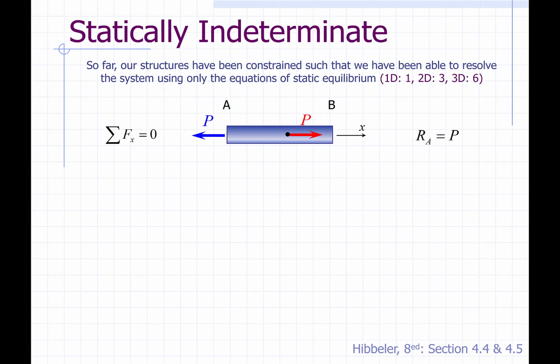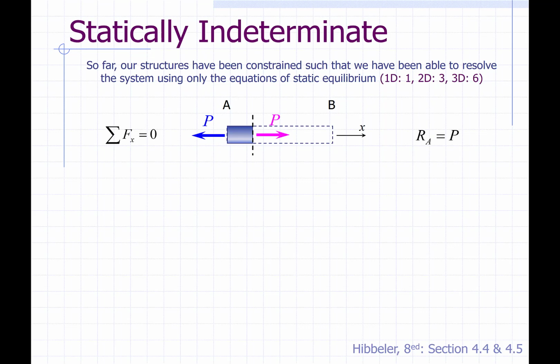If we draw the free body diagram, we remove the support, and we replace it by its reaction force. And using the equation of static equilibrium, we're able to determine that the magnitude of that reaction is equal to P in the other direction, or RA is equal to P. Further, using the method of sections, we can determine what the internal forces are, in this case, between support A and the point of load application.